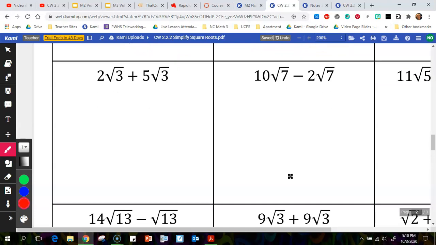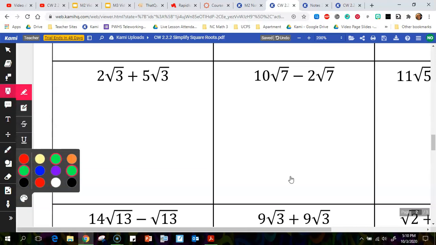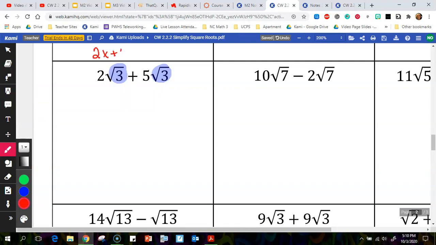All right, so what you need to understand about roots is that if you have two numbers that have the same root like this, root 3, you can treat that blue part like it's a variable or something. This would pretty much be the same as if I wrote 2x plus 5x.